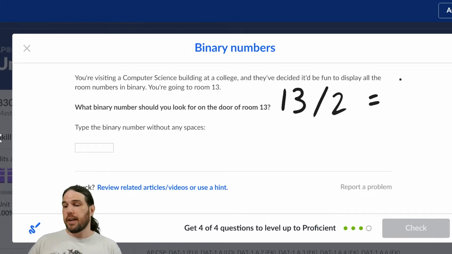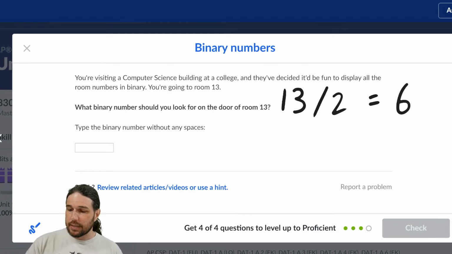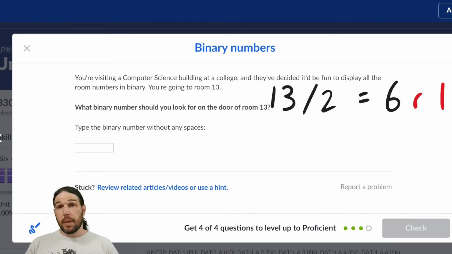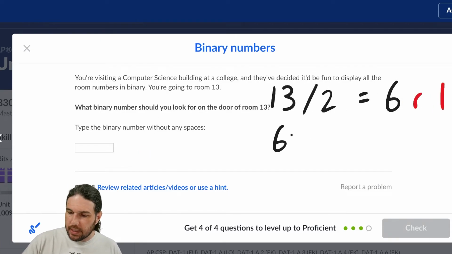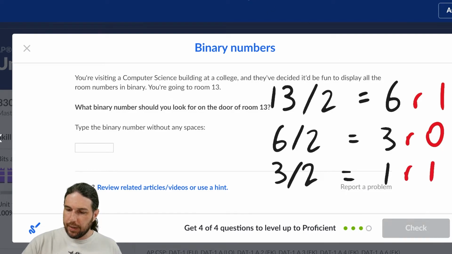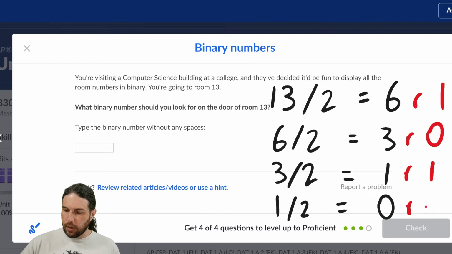So 13 divided by 2 is 6 with a remainder of 1. 6 times 2 is 12 plus 1 is 13. And then we continue the process. 6 divided by 2 is 3 with a remainder of 0. 3 divided by 2 is 1 with a remainder of 1. And finally, 1 divided by 2 is 0 with a remainder of 1.